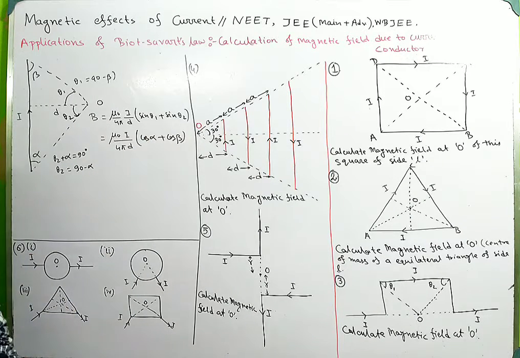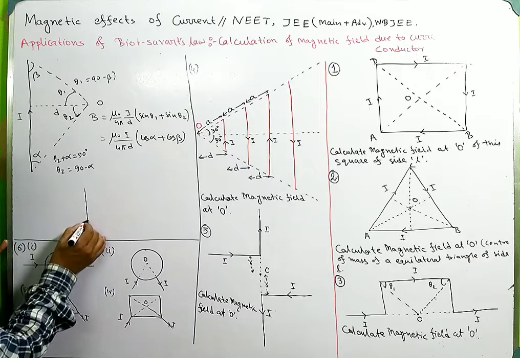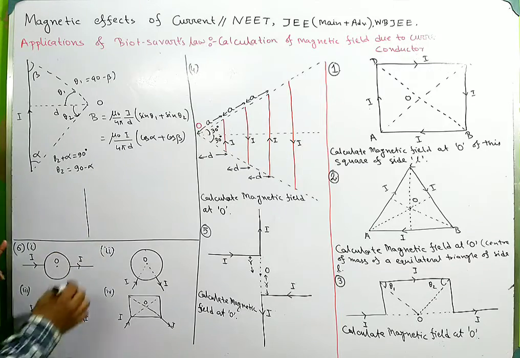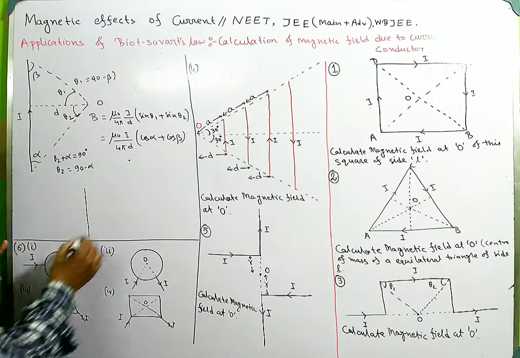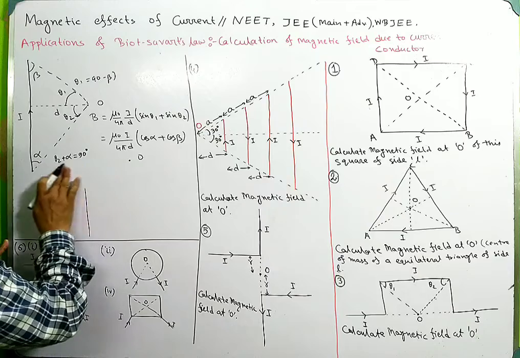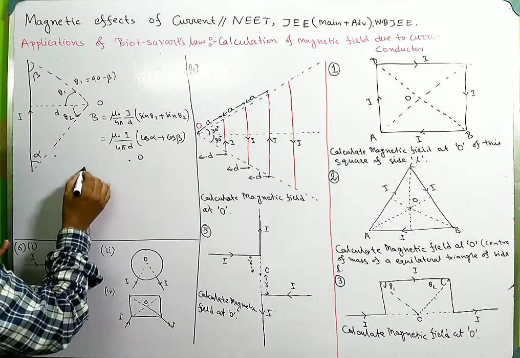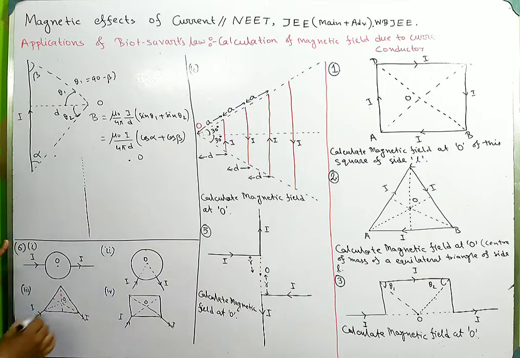Now suppose this is a current carrying wire and you have to calculate the magnetic field at point O. How to calculate this? What will be the relation?